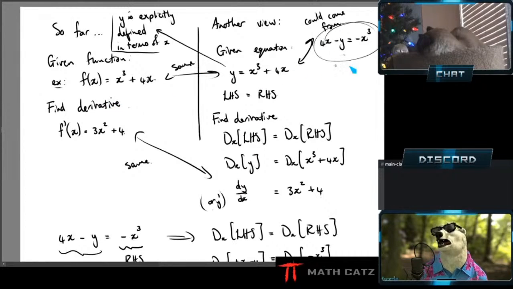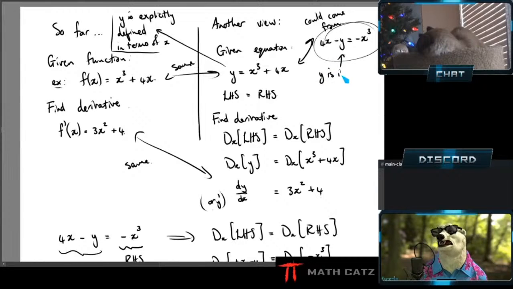But when I look at the equation version, that's maybe a little bit more shuffled. It's the same equation. This one doesn't exactly show what the function is. And maybe I'm not interested to solve for y. And maybe I can't solve for y because it's too complicated, but it still defines the same thing.